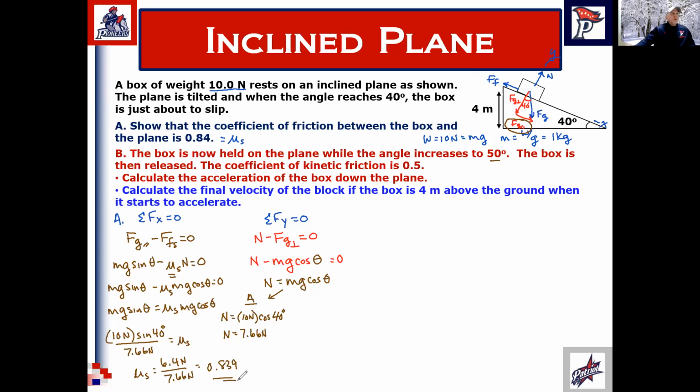Right, and so that's if you're not going to work it out with letters because you're given the mass, which some of you guys did. Yeah, it's fine if you round, of course.